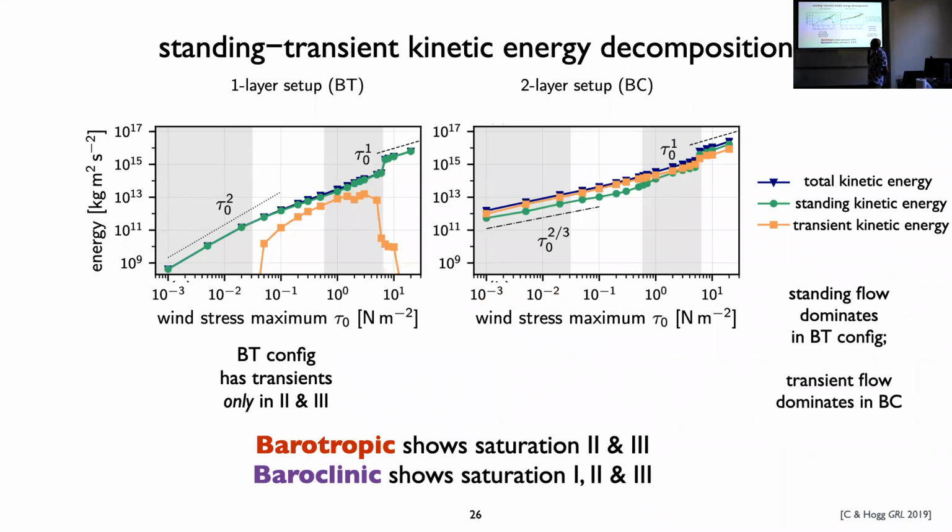If we compare the solutions of the depth-independent cases, the barotropic cases on the left, and the depth-dependent cases on the right, and we measure how much of these eddies we have, we can quantify this by this orange curve. We see that indeed, in the depth-independent case, the strength of the current was relatively insensitive in this flow regime, where we had eddies.